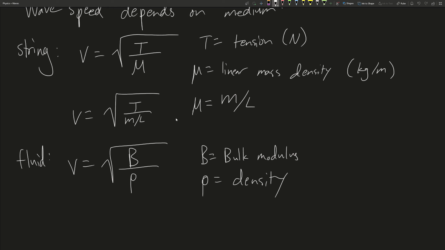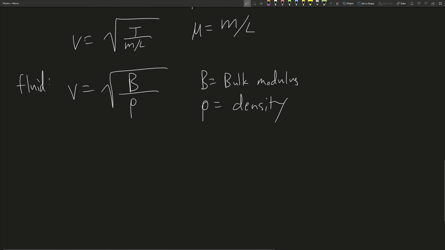And so you see that these have a similar form, where it's the square root of density, or linear mass density, and then another factor on top. And then you can also find the speed of a longitudinal wave through a thin rod. So this would be a solid, thin rod.